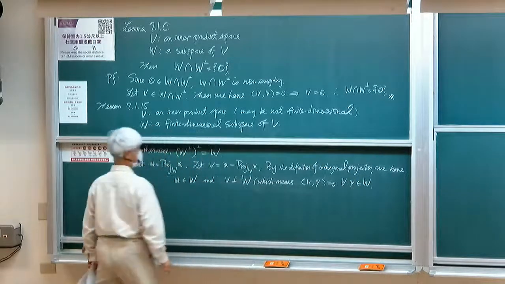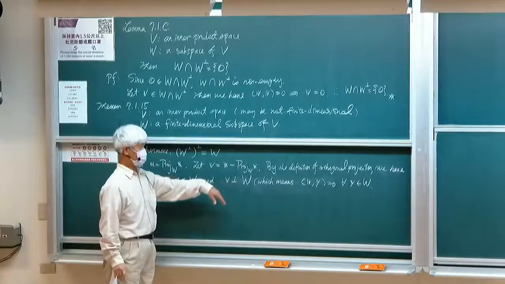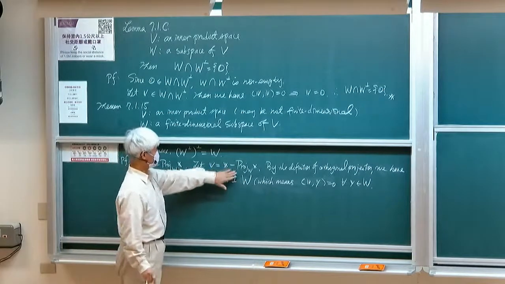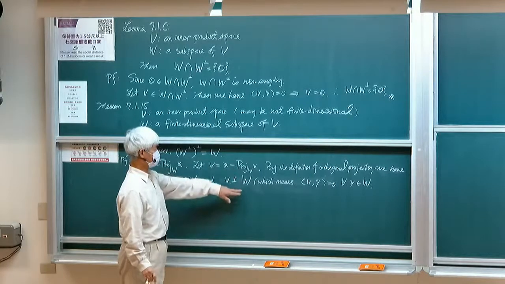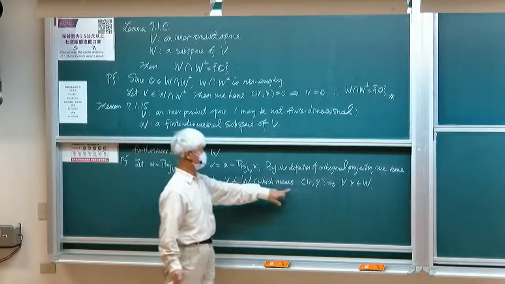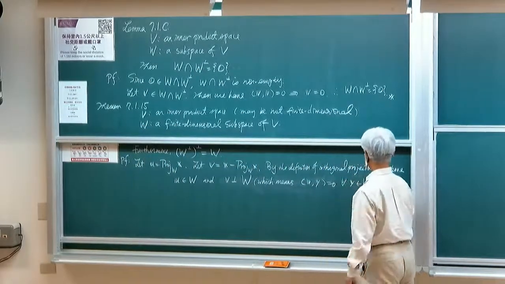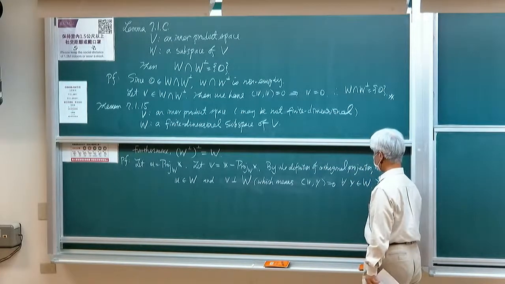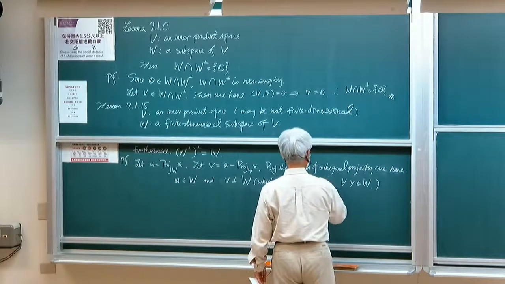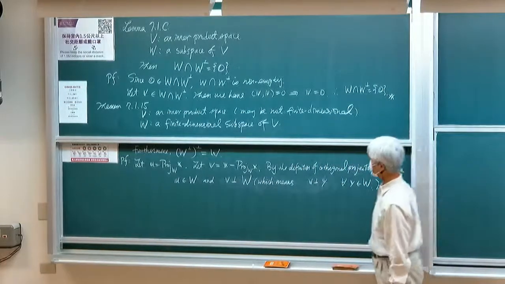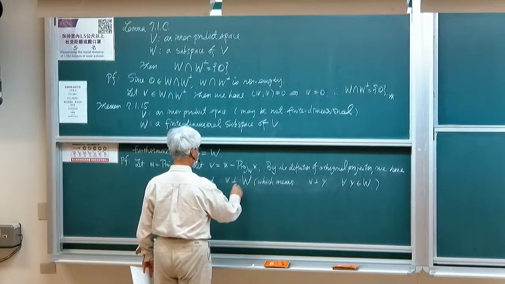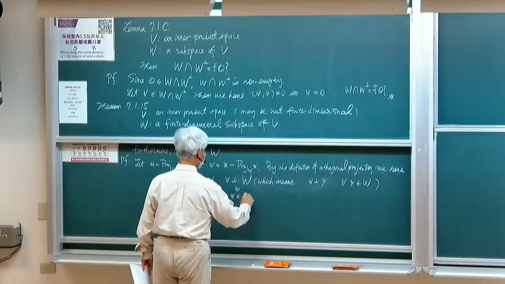So this is from the definition of orthogonal projection, that U should be in W, and also the difference should be orthogonal to every vector in W. So I use this, V is orthogonal to W here, and this implies that V is in the orthogonal complement.